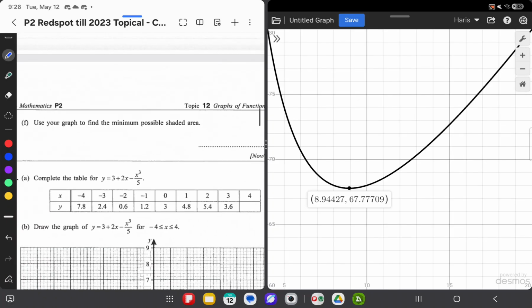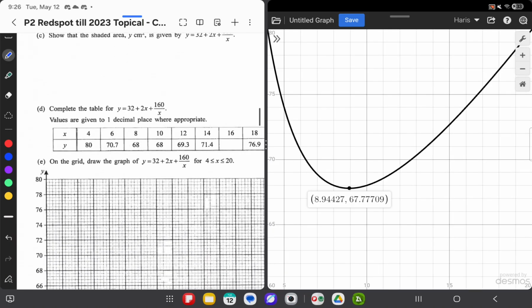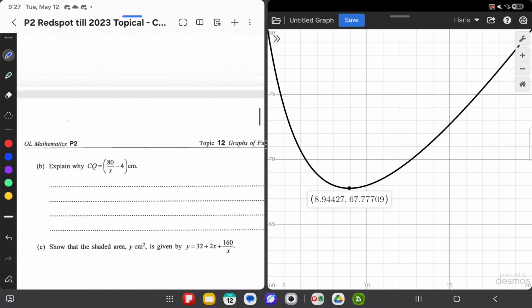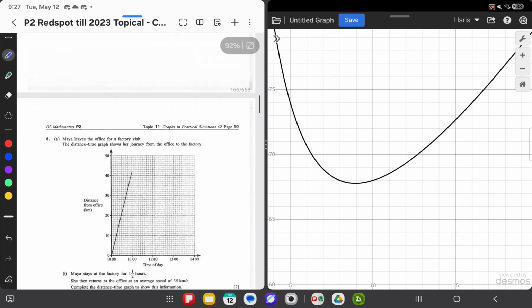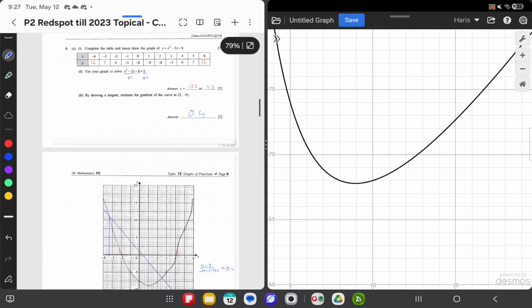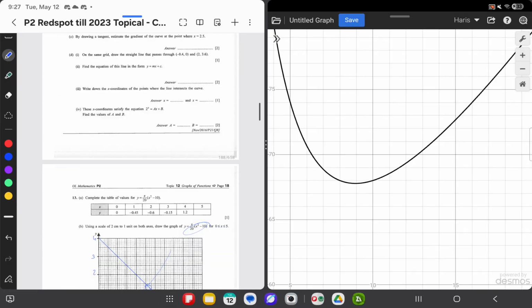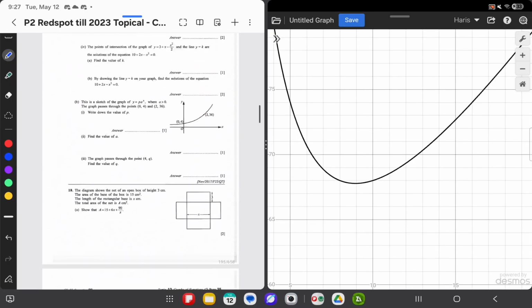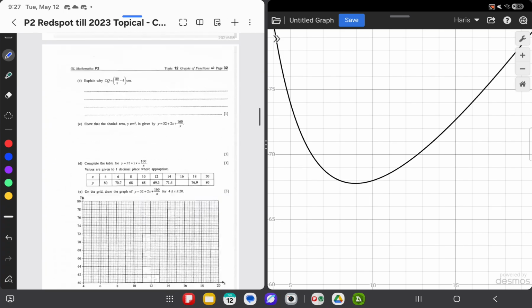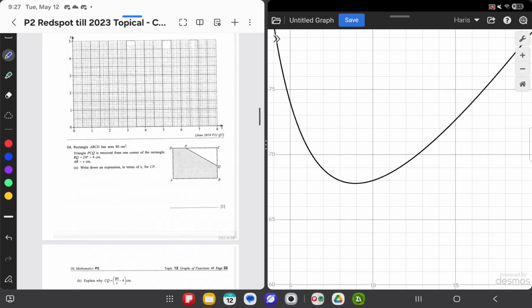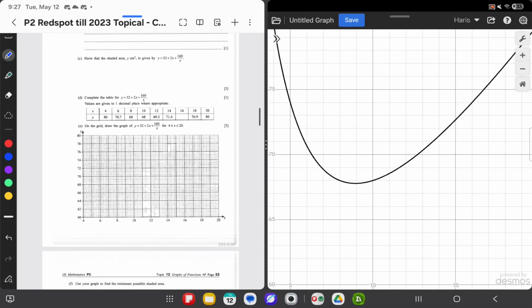Now here we have y equals this equation. What is this equation for? My point being, this equation is for the shaded region, and y is representing that shaded region. As x varies, this region also varies.